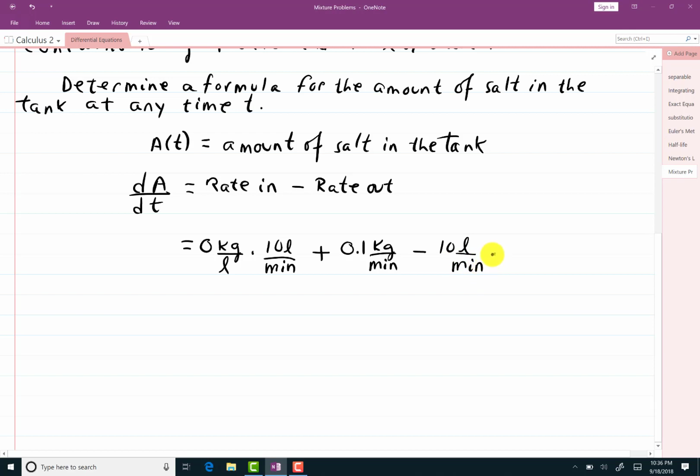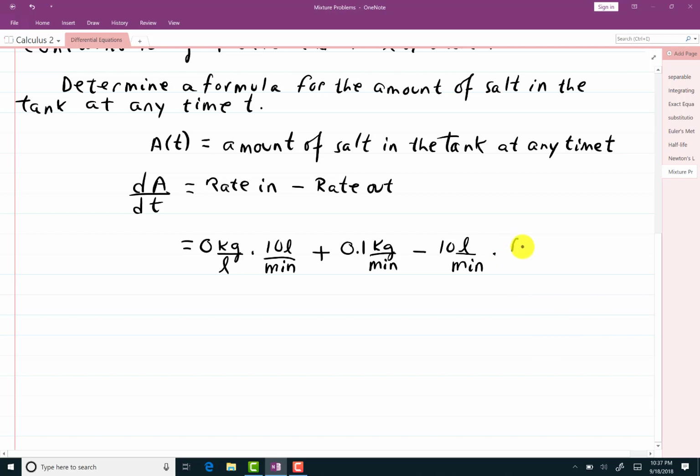However, the mixture in there is made up of salt. And we know that A represents the amount of salt in the tank at any time t. So with that in mind, what I need then is the concentration of salt in the tank.